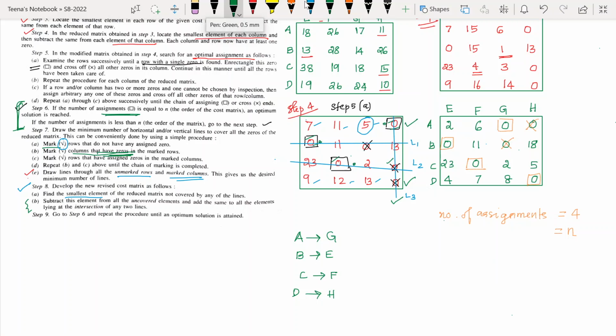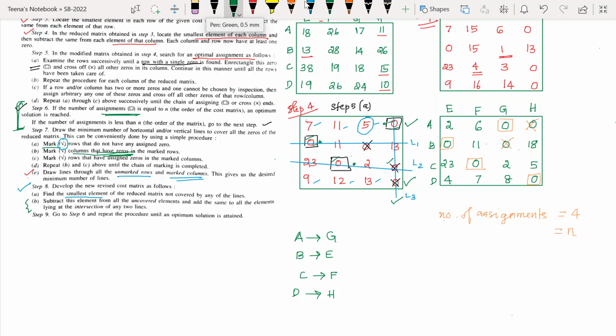So the person G is entrusted with the task A, the person E is entrusted with task B, the person F is entrusted with task C, and the person H is entrusted with task D. So this is the optimum allotment that can be done for this particular question.